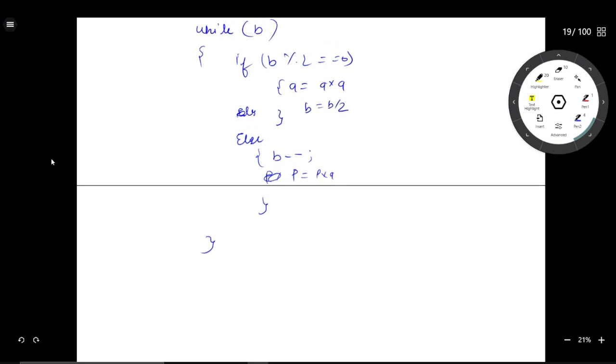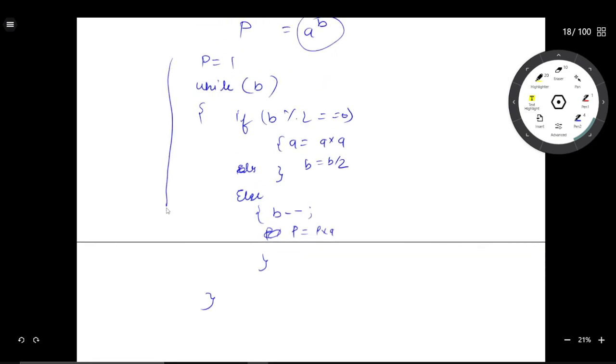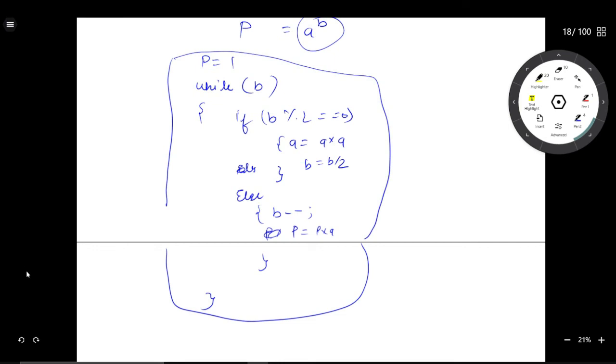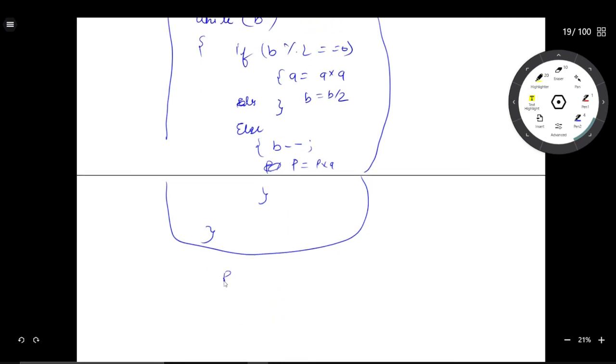This is a formula of long division method. Okay, this is a pure whole function, how this whole work, and finally p will be our answer. P will be our answer.